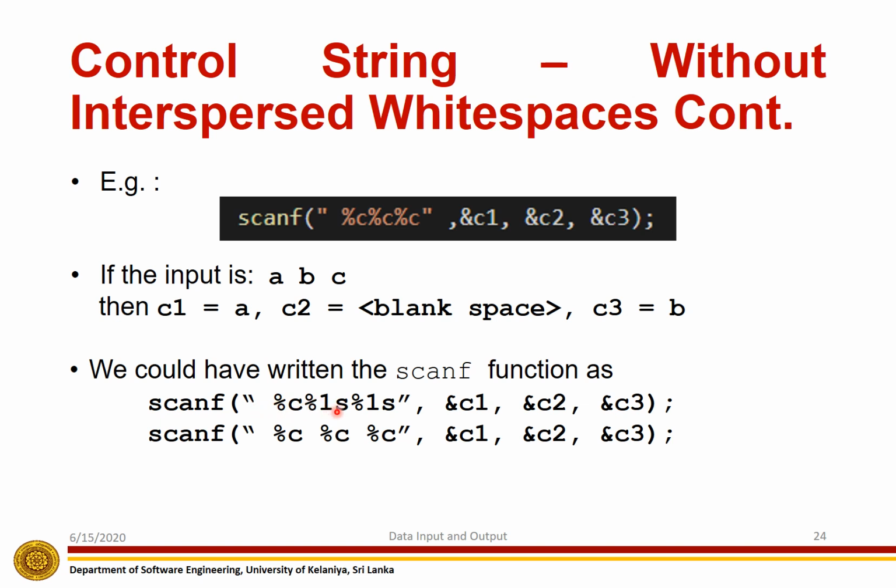Then %1s, %1s. Then it will assign A to c1, B to c2 and C to c3. Or otherwise you can use %c, white space, %c, white space, %c. Then it will assign A, B, C respectively to c1, c2 and c3.